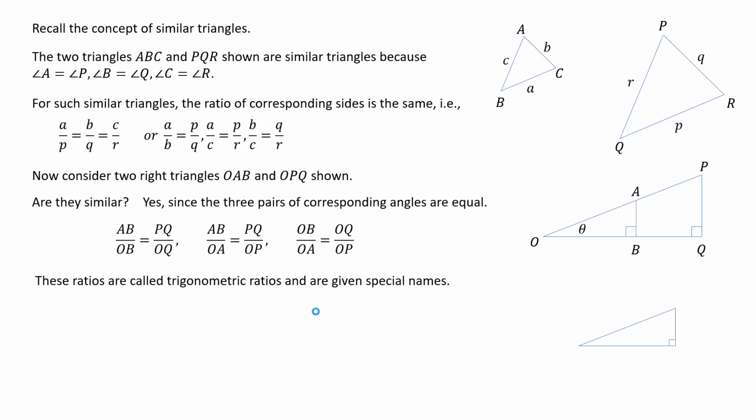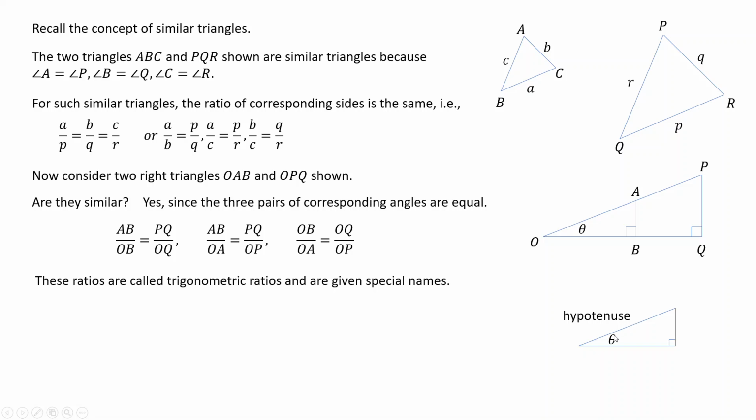And so they said, all right, in general, ladies and gentlemen, this is what's going to happen. If you have a right triangle like this, and say this angle is theta, of course one angle is 90 degrees, then we will call this side, the biggest side, always the hypotenuse, right? Isn't that what we've always done? Call the longest side the hypotenuse.